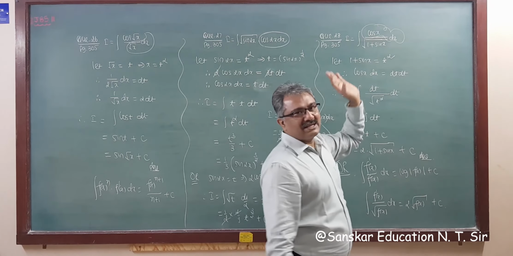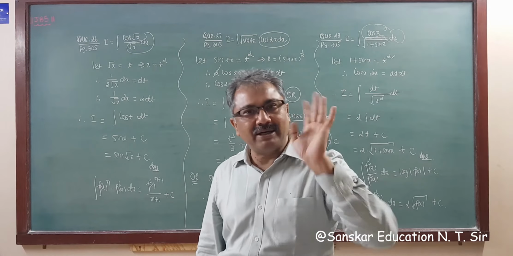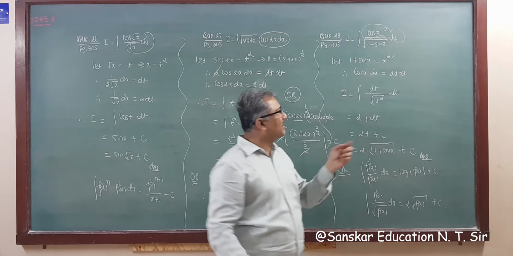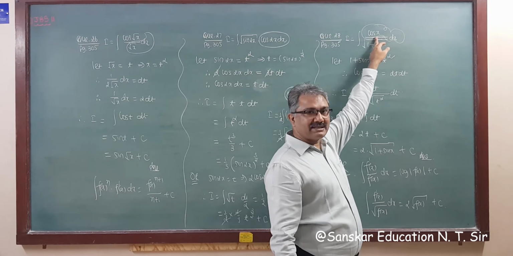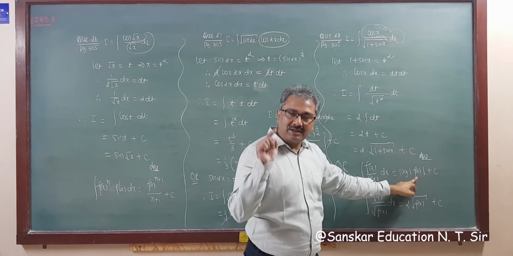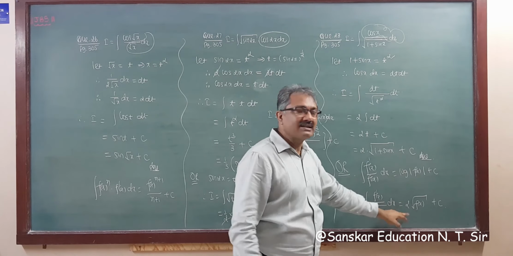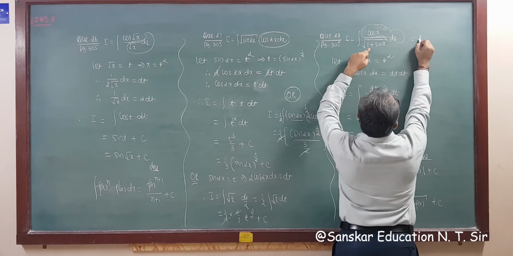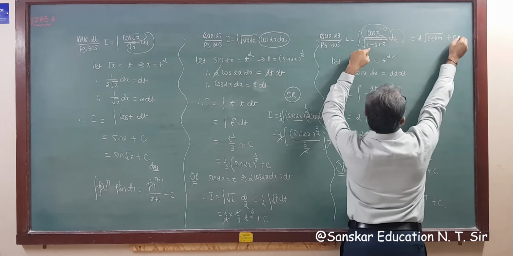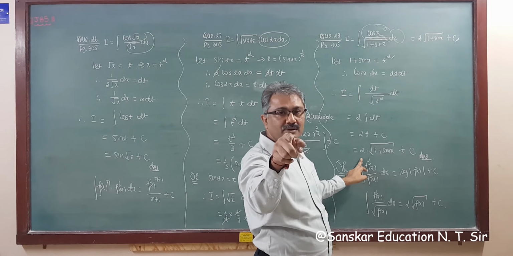Not a single formula is applicable. Then check: is the derivative of the denominator in the numerator? Is the derivative of sin x cos x? Yes. Then the answer is log mod f x plus c. But if the denominator is in root, then the answer is 2 root f x. So what is your answer? The answer will be 2 root 1 plus sin x plus c. See here, you can write the answer directly for MCQ, right?